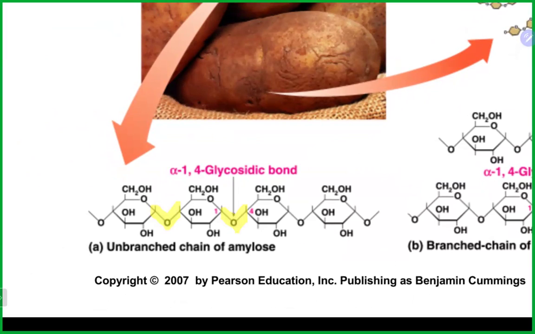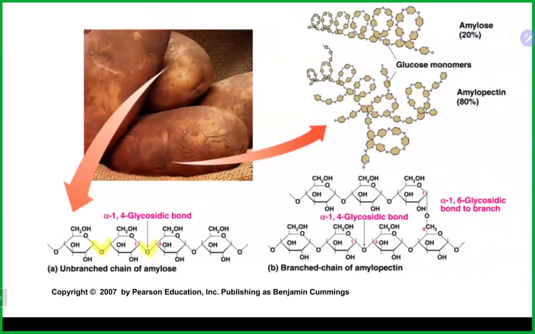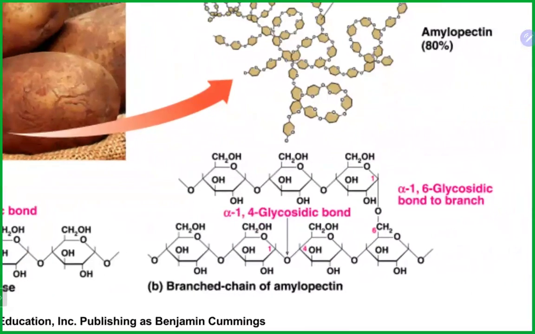In organic chemistry, branches mean things go off the sides. This is just a straight run of taking out water and making that alpha 1,4 glycosidic bond all the way through. Amylopectin is similar. It has that big straight run of glucoses, also with the alpha 1,4 bond, but at some points it also has branches.